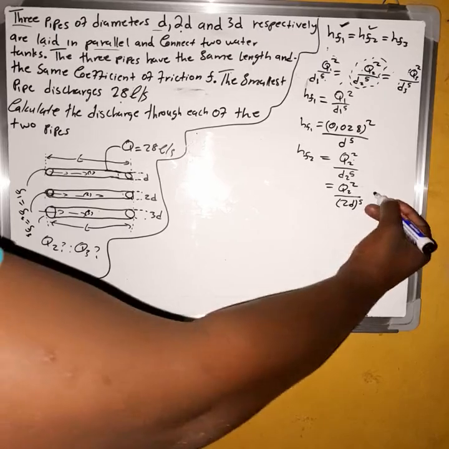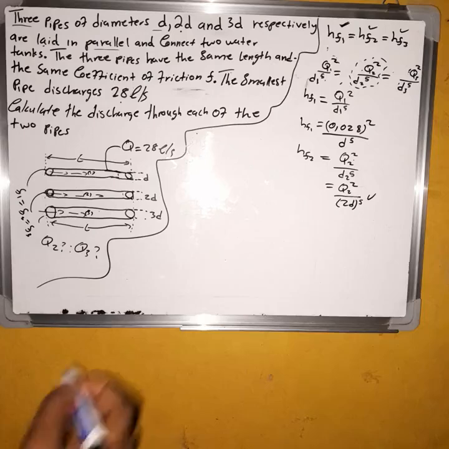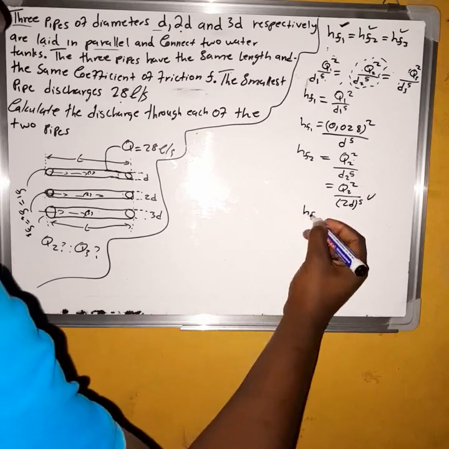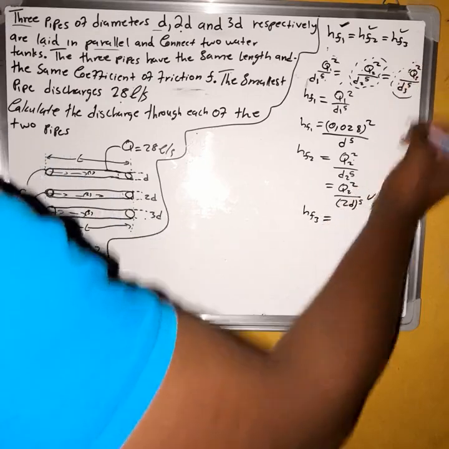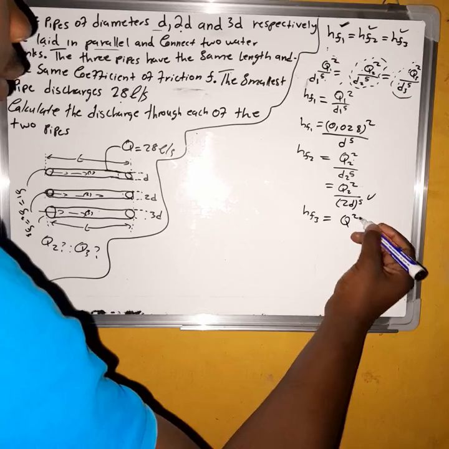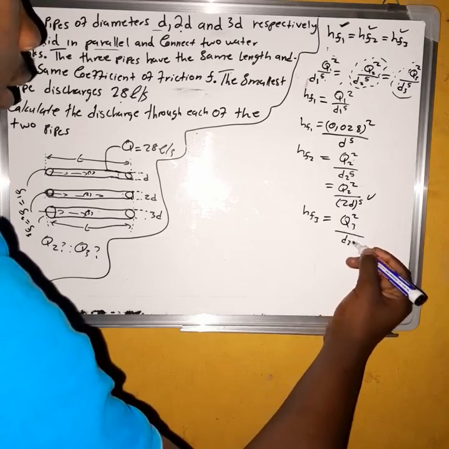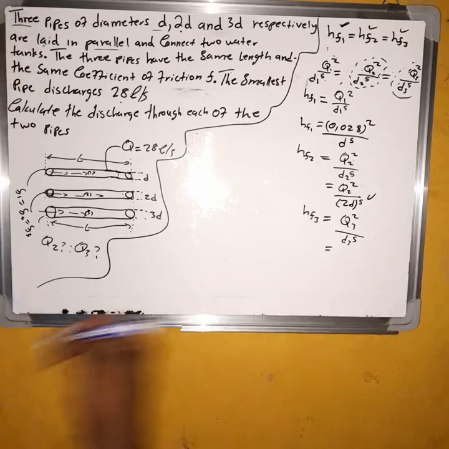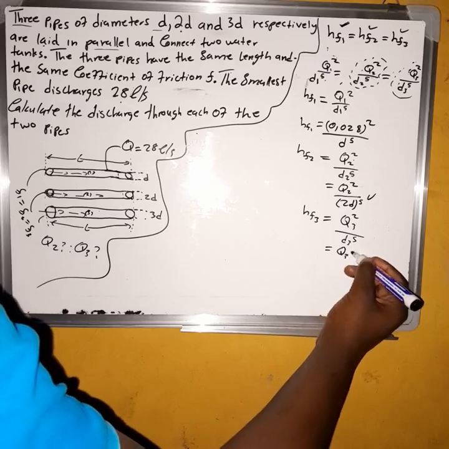Now with HF3, take this, it will be what? Q3 squared over D3 raised to power 5. Q3 we don't know, it will be Q3 squared.